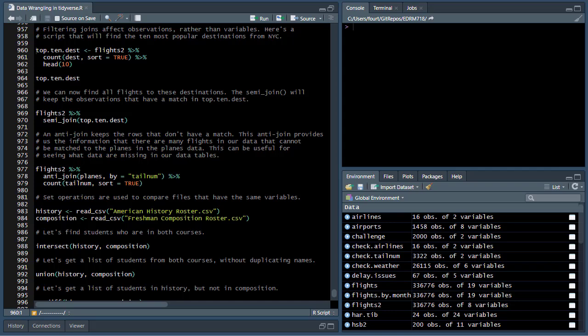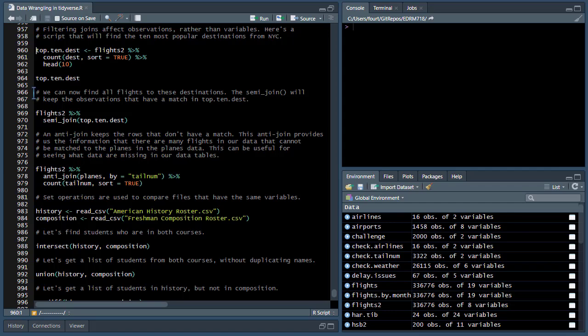So let's do this with our flight data. Here's a little script, lines 960 through 962, that are going to find the 10 most popular destinations from New York City. Notice what we're doing. We're taking the flights data, and I'm using the reduced set, the flights 2.